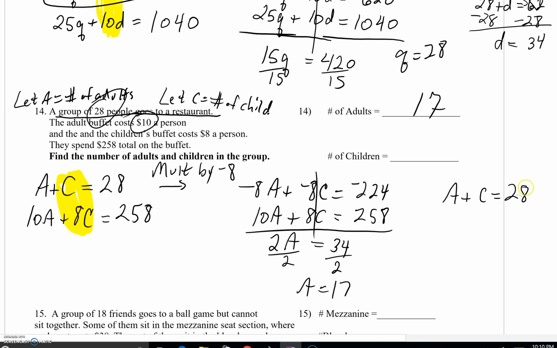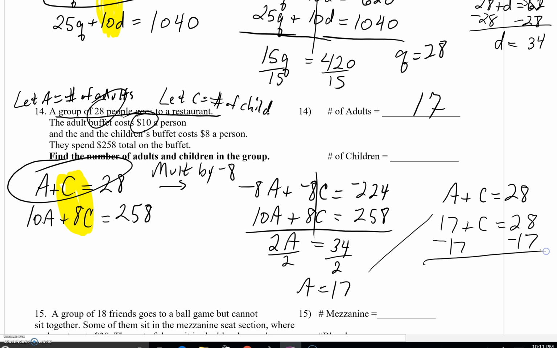Other kids want to go back to the original equation, and they'll say, you know what, substitute in a 17, and then solve. By the way, you'll do the same thing. And as you solve for the number of children, you can see you'd have 11.